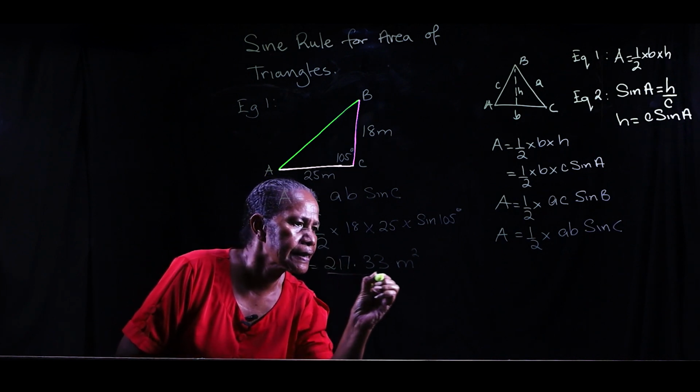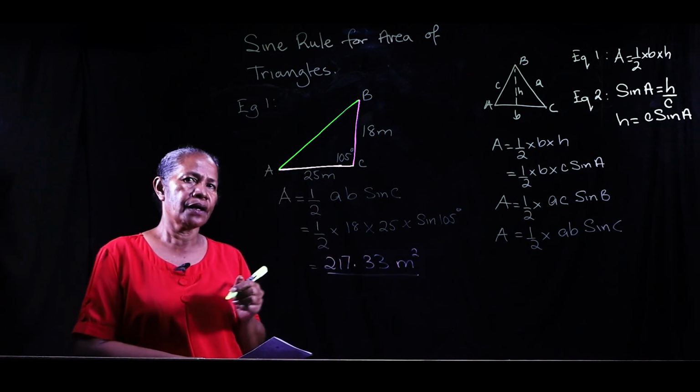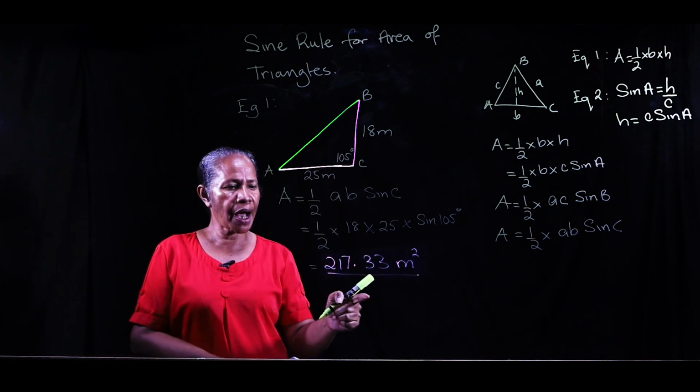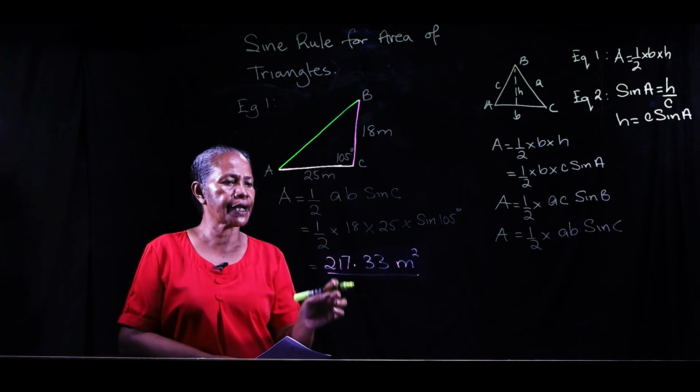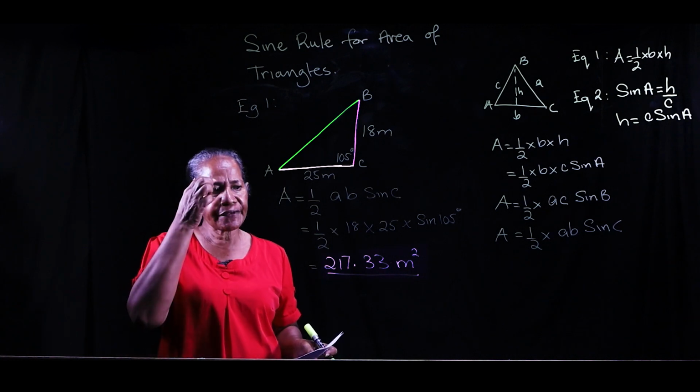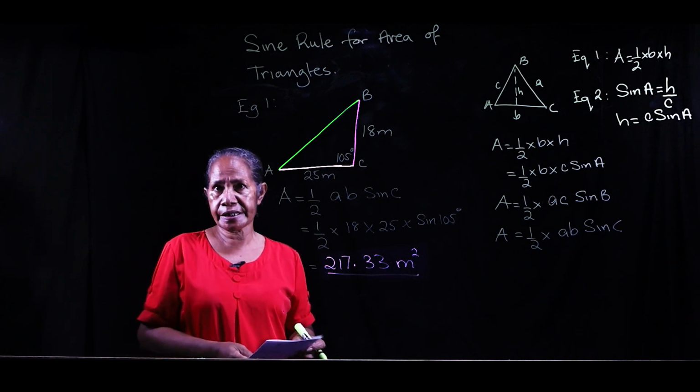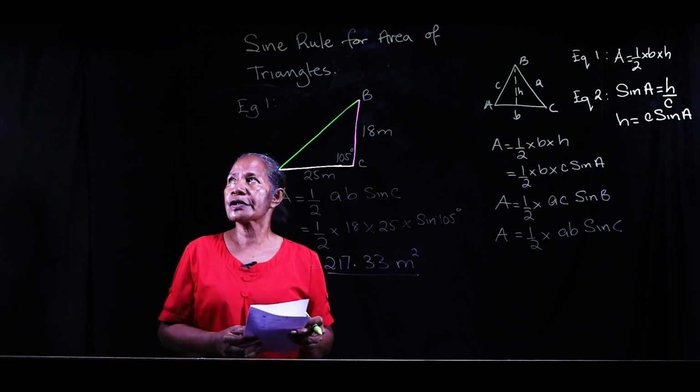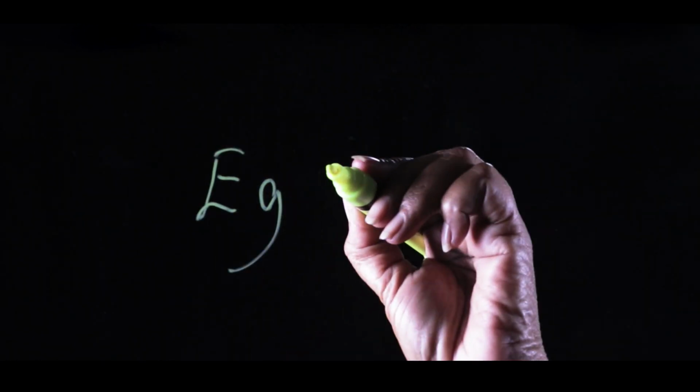So this is our final answer. For example number 1, the area is 217.33 square meters.